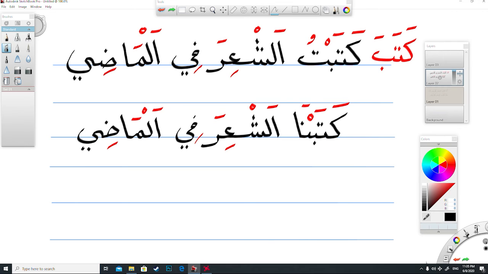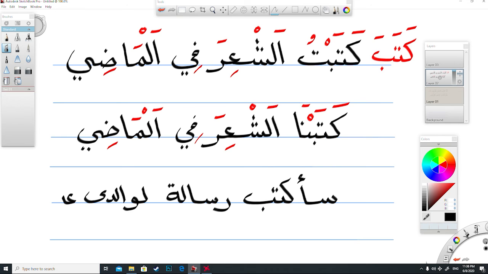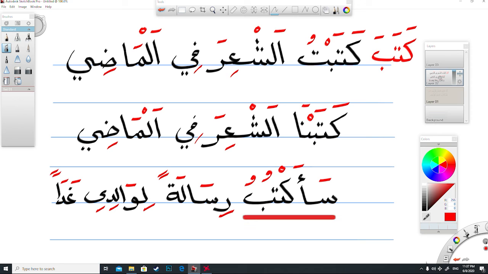Okay, now let's see the future forms of the first person. As we mentioned, we added the suffix sa or the word sawfa to talk about future, and we make some changes. The singular, whether masculine or feminine, it is the speaker, so it could be masculine or feminine. سأكتب رسالة لوالدي غدا.